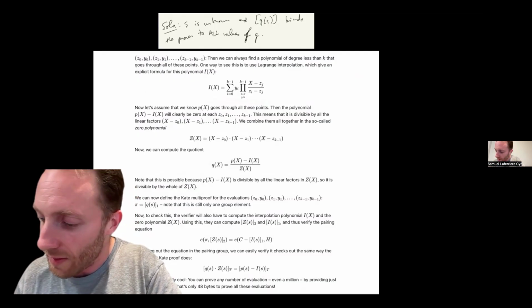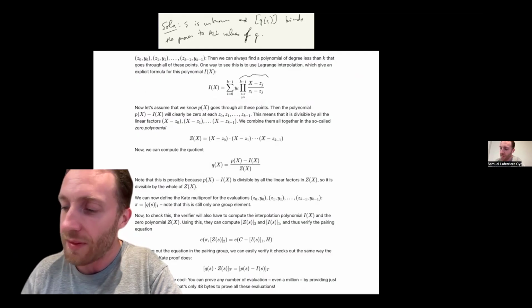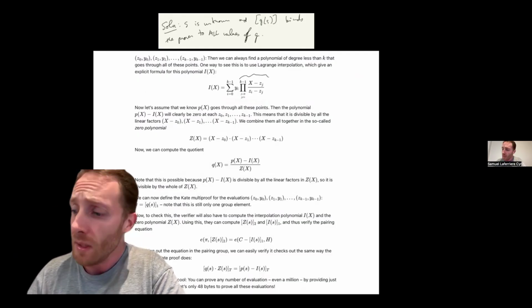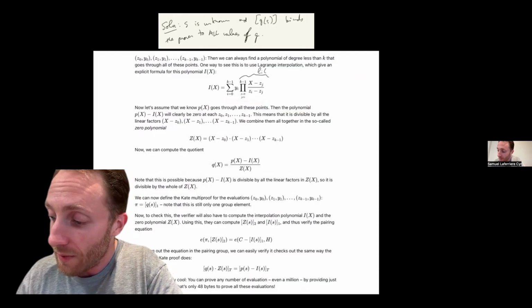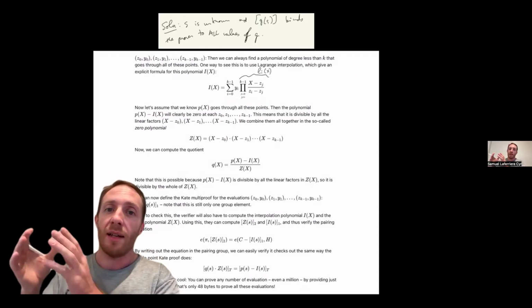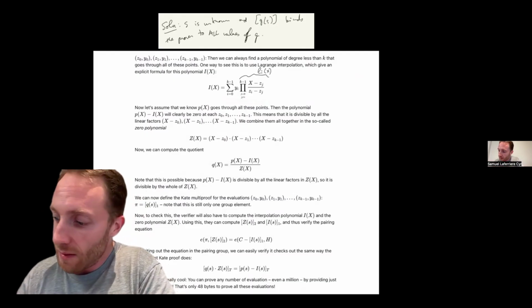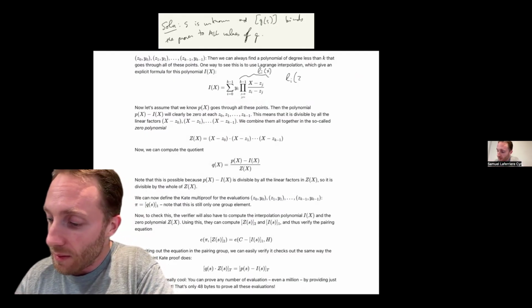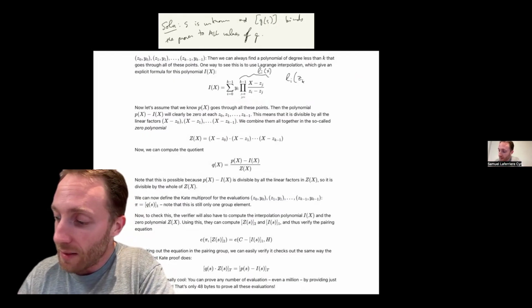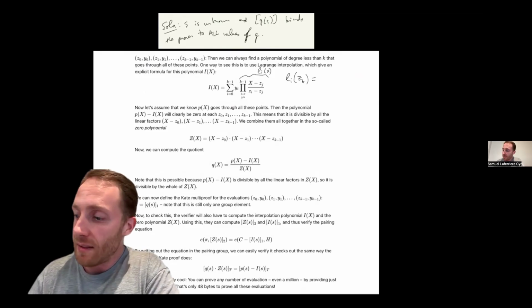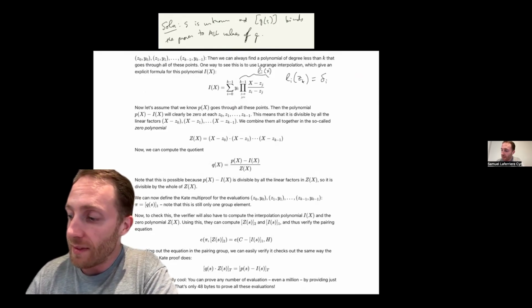All that this is doing is that this stuff is basically just the Lagrange basis Li of x, which is a polynomial that evaluates at zk to the Kronecker delta.